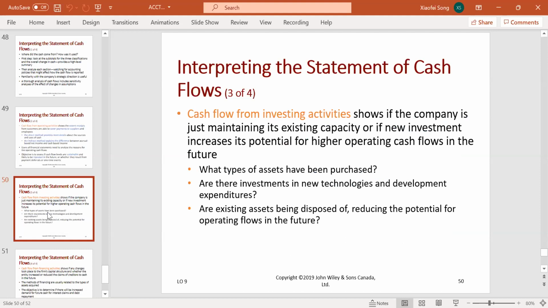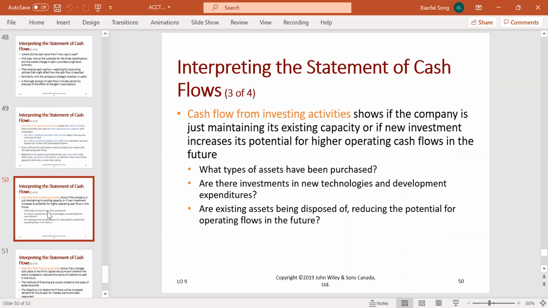From investing activities, there are two types of investment. One is financial investment, and the other is investment in PPEs, in infrastructure, right? So we need to differentiate those. Now, as we said, if a company is growing, there will be a lot of investment in PPEs. If a company is stable, mature, they probably still need to invest just to replace the ones that are worn out.